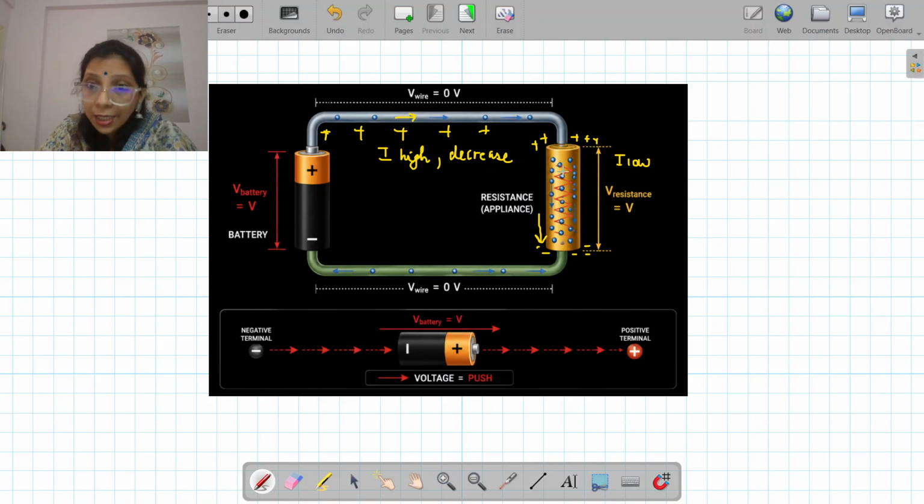On the same note, this current, which is low, will now steadily increase because these are being pulled down by these negative charges.